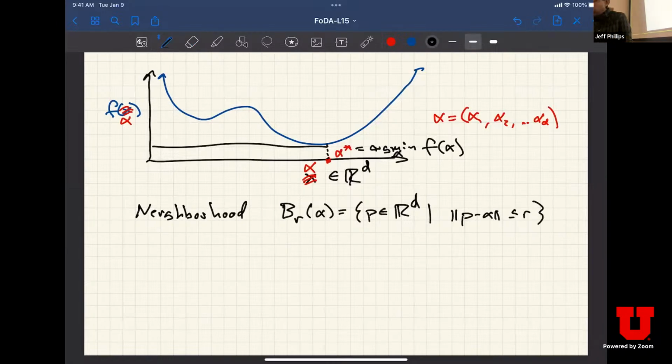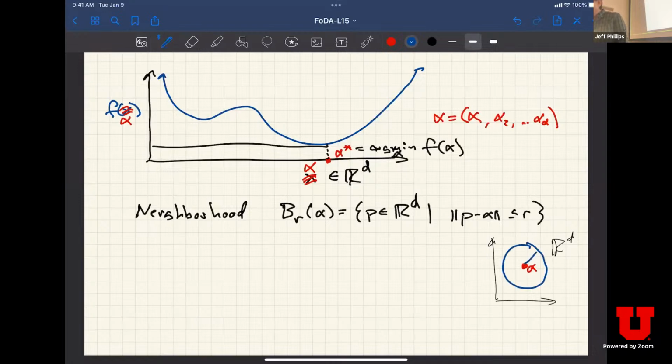So if I draw a picture here, now this whole domain looks like R^d. I'm going to have a point alpha, and I could use any notion of distance or ball, but we can just use a Euclidean ball, and you have some radius, and then all the points P within some distance here are going to be the neighborhood.